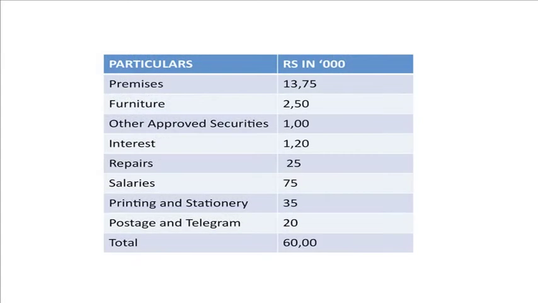Furniture will again be part of schedule 10, fixed assets. Other approved securities 1 lakh will go in schedule 8, that is investments. Interest is debit interest, it will go under schedule 15, as an expense. Repairs, salaries, printing and stationery and postage are operating expenses and shall form part of schedule 16. So, we have analyzed the debit side of 60 lakh.